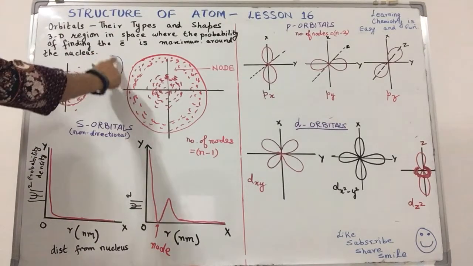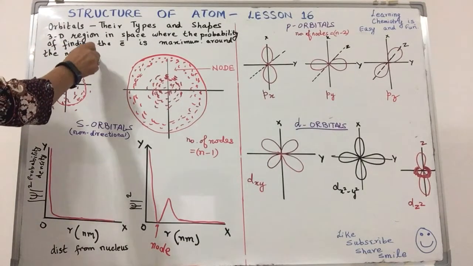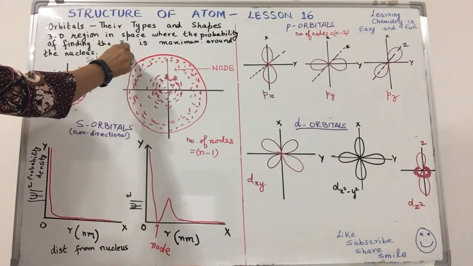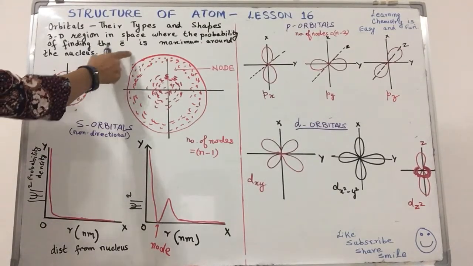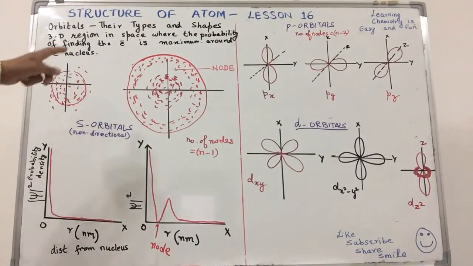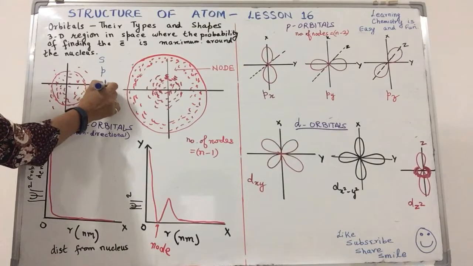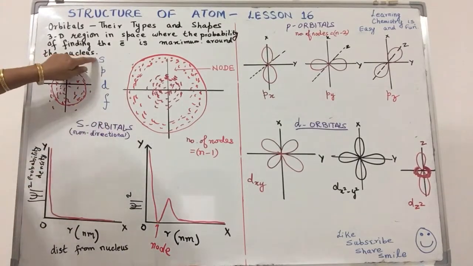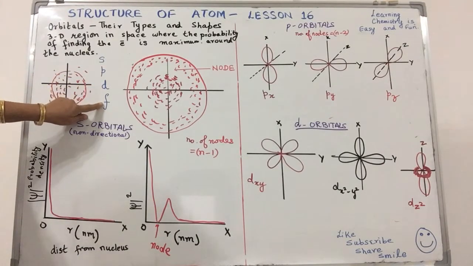So now we are going to study the various types of orbitals. How we define them, how we got them, was done on the basis of the Schrödinger wave equation, the depths of which we are not dealing with at this point of time, right? So the various types of orbitals are the S, P, D and F. They stand for sharp, principal, diffuse and fundamental, depending on the types of the lines that we observe in the spectrum.